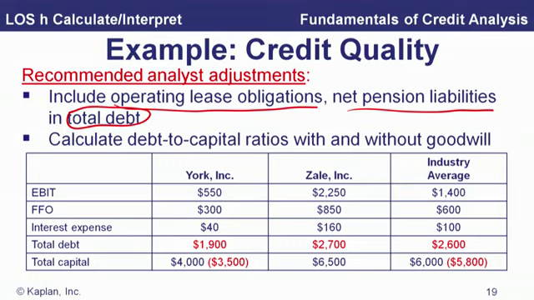We haven't mentioned any DTLs, deferred tax liabilities, that are going to take a little deeper dive to figure out how we want to treat those. And calculate debt to capital ratios with and without goodwill. That's going to tell us how significant this indefinite intangible asset, goodwill, is. Without that, how bad would the ratios look? That's what we want to find out by doing it with and without.